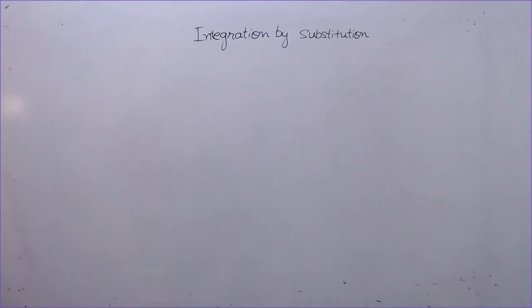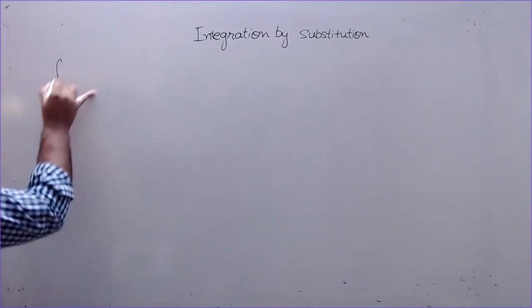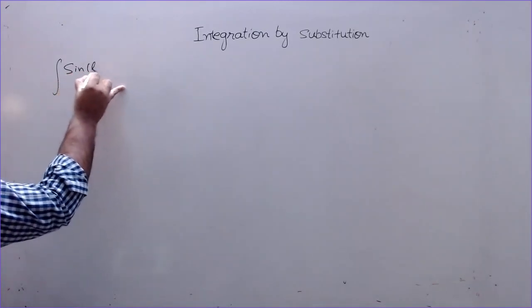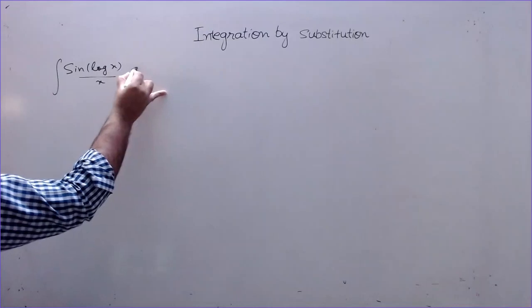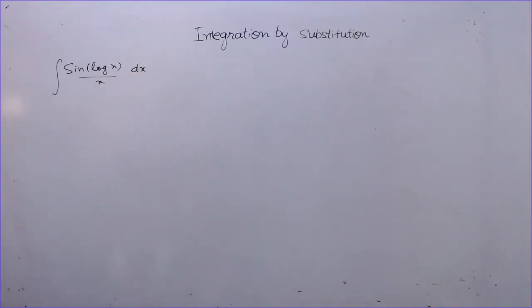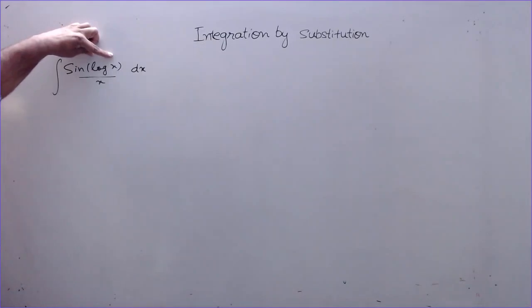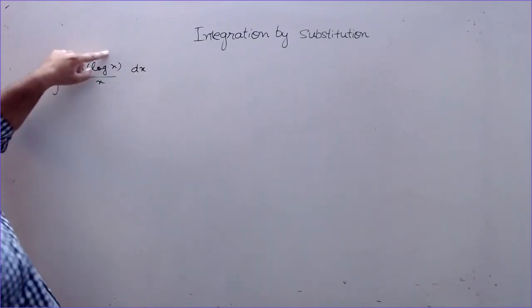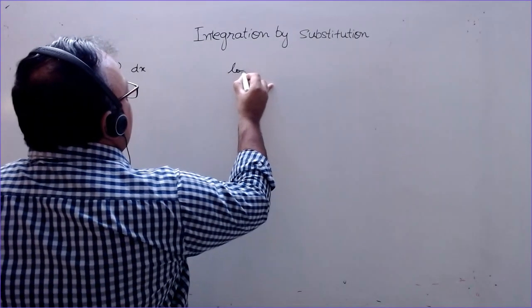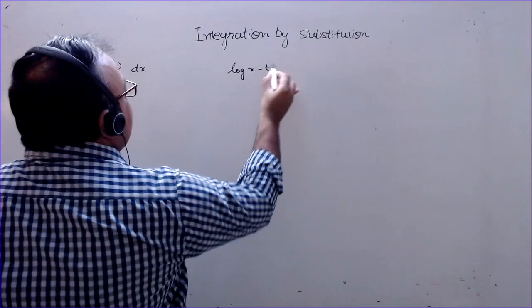Now the next question is integral of sine of log x divided by x dx. Here you can see that log x is the function, the derivative of which is given in the question. The derivative of log x is 1 by x, that is given in the question. So I will substitute log x as t.